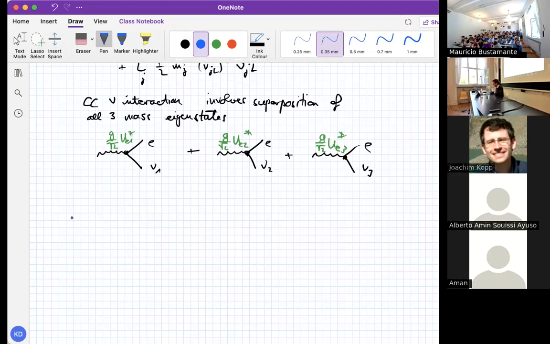Okay, and now the fact that when a neutrino is produced in a weak interaction, it is a superposition of three mass eigenstates, this is what ultimately leads to neutrino oscillations. So how does that happen?